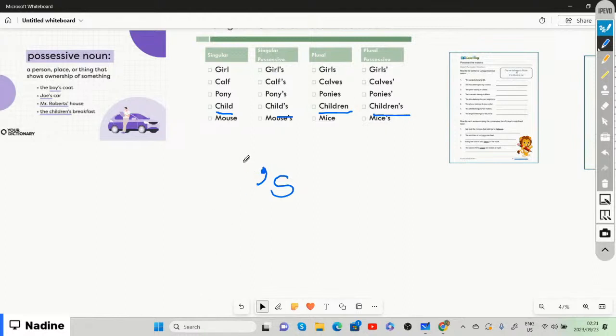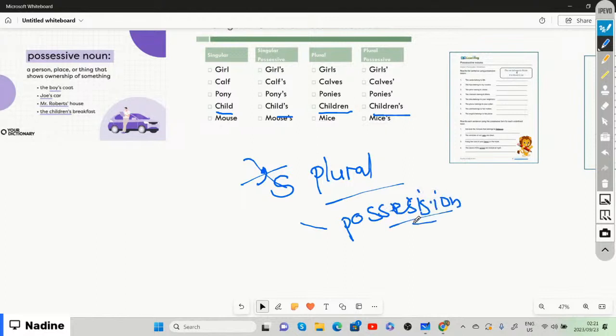Because as soon as you don't put the apostrophe and s, then we will get the idea it is just plural, right? Without possession. And that is without possession.